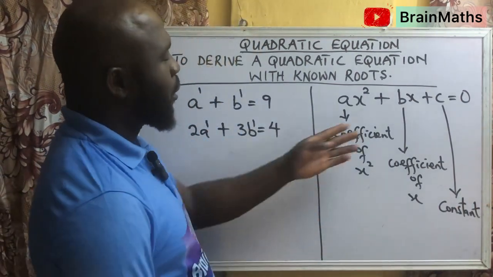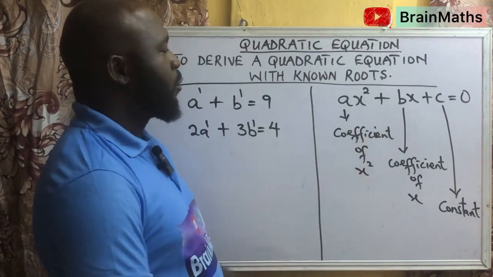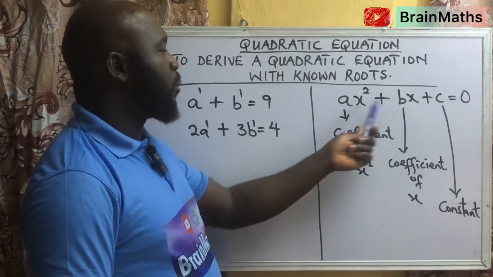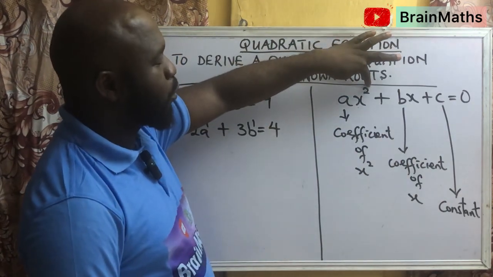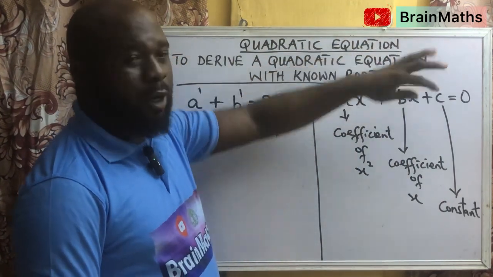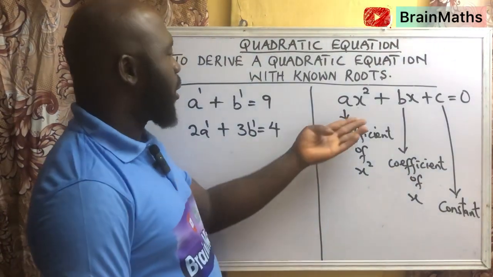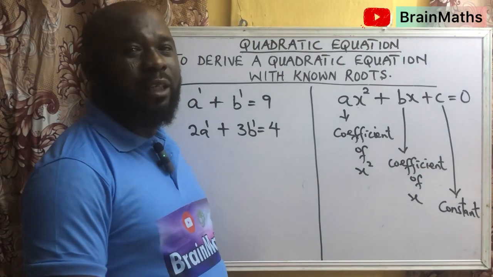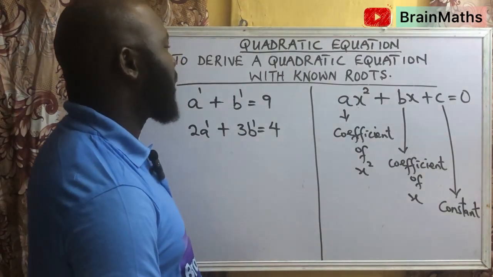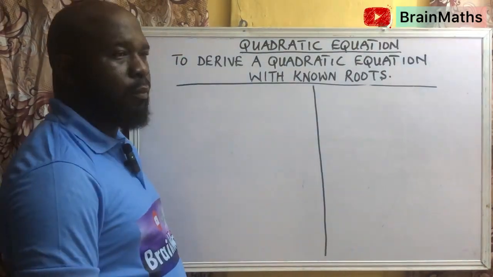If you look at this equation, you will see that the variable x has a power of 2 and also a power of 1. So if you are given any equation in this format, it is regarded as a quadratic equation.